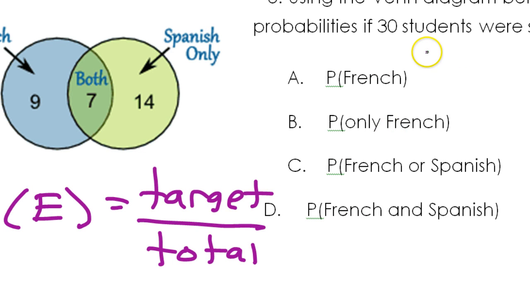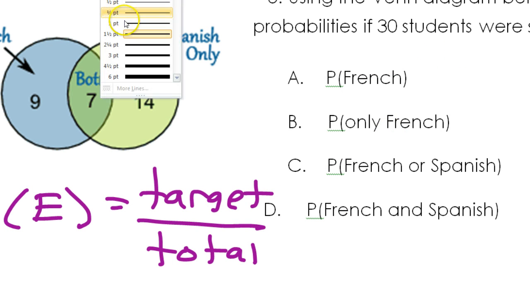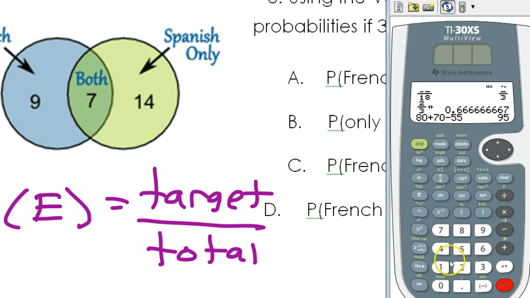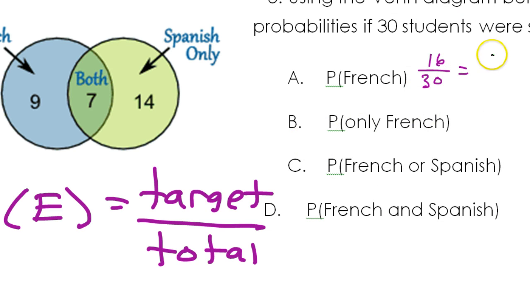So target over total is 16 over 30. So let's reduce this down. 16 out of 30 is going to reduce down to 8/15.